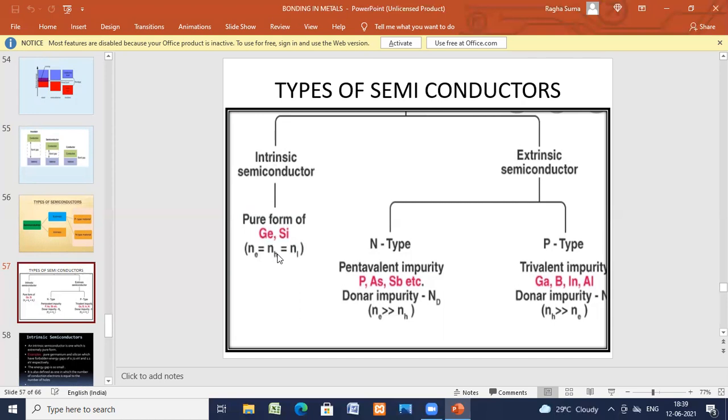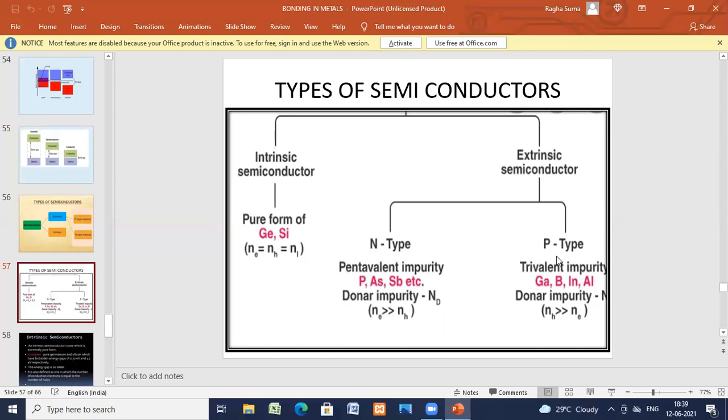Now, the second type, the impure type of semiconductor, is the extrinsic semiconductor. You have N-type and P-type semiconductors. N-type is negatively charged, due to negative charges.